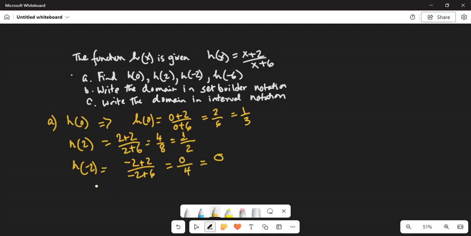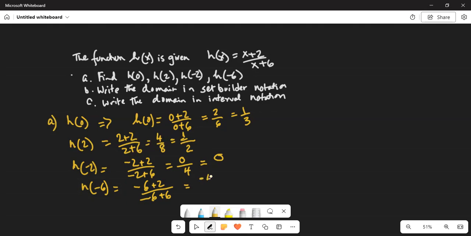Zero divided by any number is 0. And then they said, find h of minus 6. So h of minus 6 is minus 6 plus 2 divided by minus 6 plus 6. So it's 2 minus 6. From 6 we subtract 2. 6 minus 2 is 4. Then you return the negative sign of the larger number, which is 6 with a negative sign.